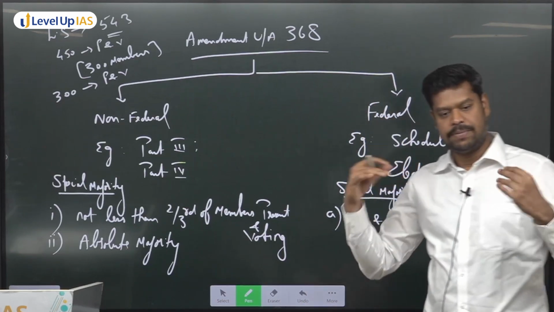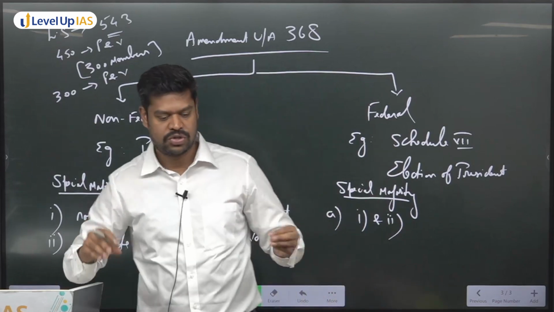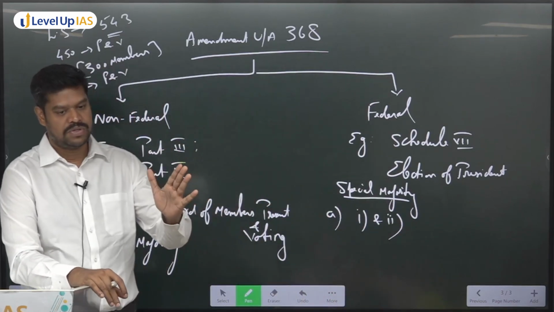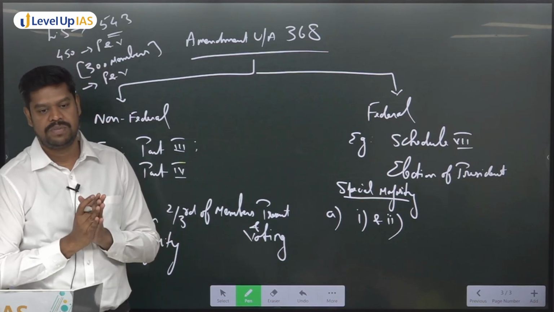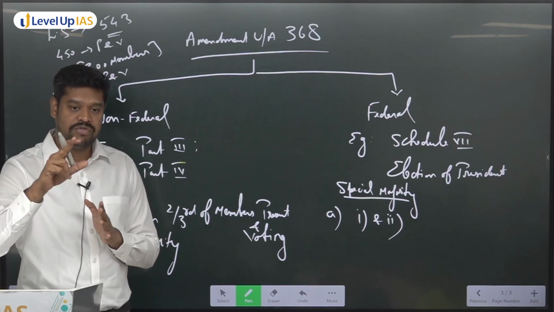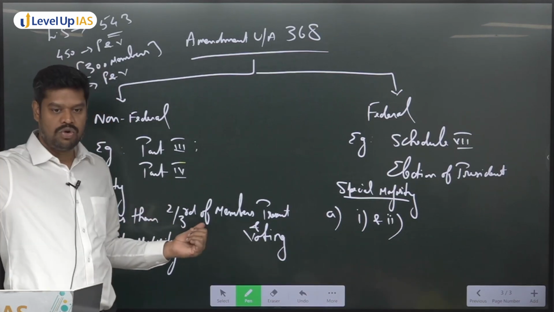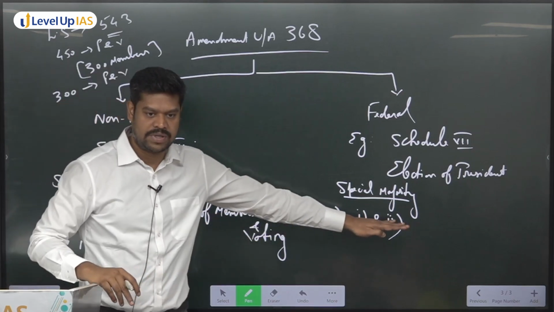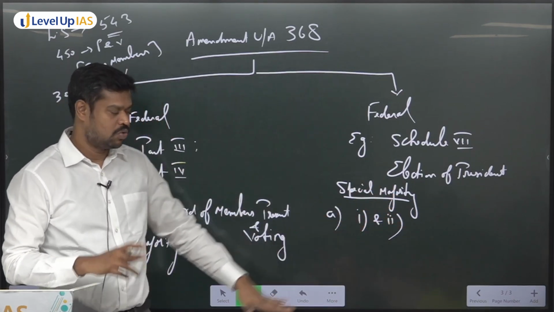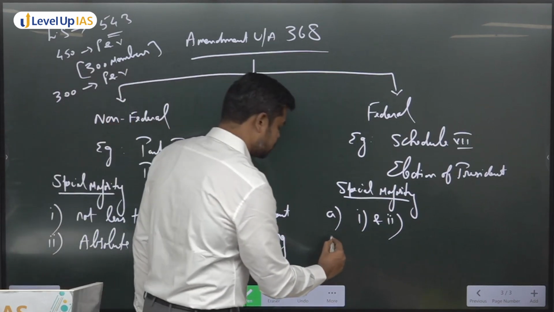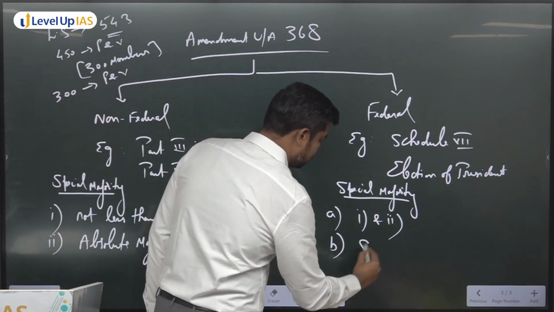In both the houses separately it has to be passed. Suppose if it is introduced in the Lok Sabha, it has to be passed with special majority in the Lok Sabha, then goes to Rajya Sabha, where it has to be passed with special majority also. Then in this particular case, it will not go to the president directly. Once it is passed with special majority in both the houses, there's one more step before it goes to the president. It will be sent to the state legislatures.